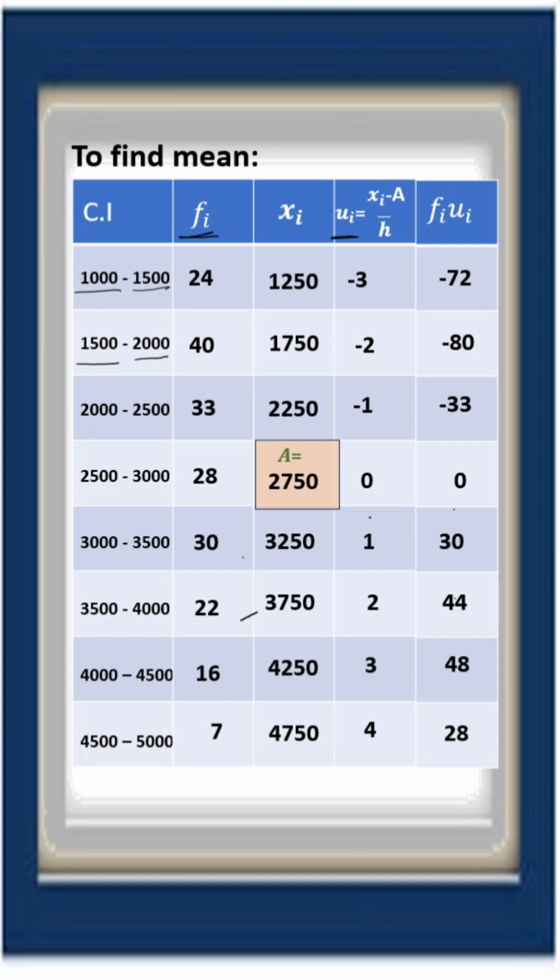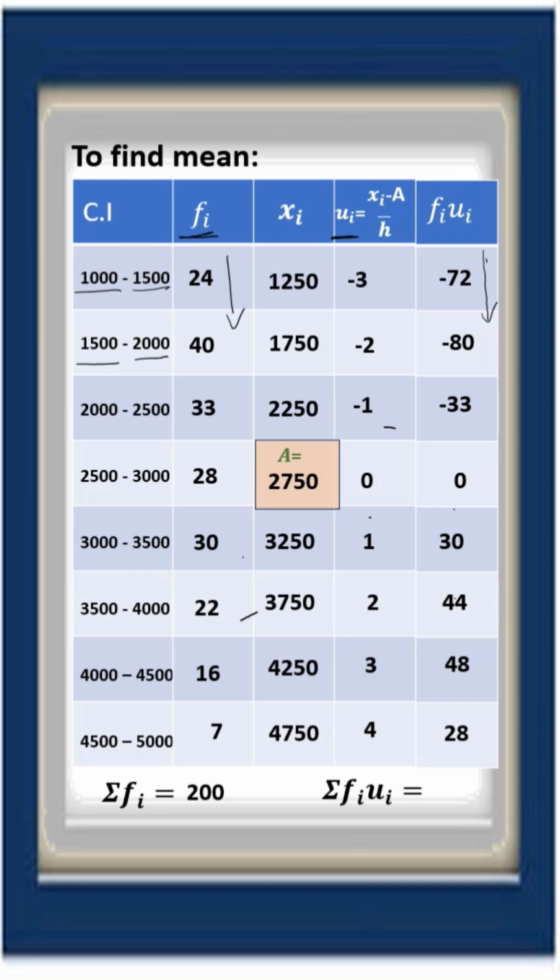Now let us find the summation of fi. If you add all these numbers under the column fi, you will get 200. So summation of fi is 200. Now find the sum of the numbers under the fi ui column.